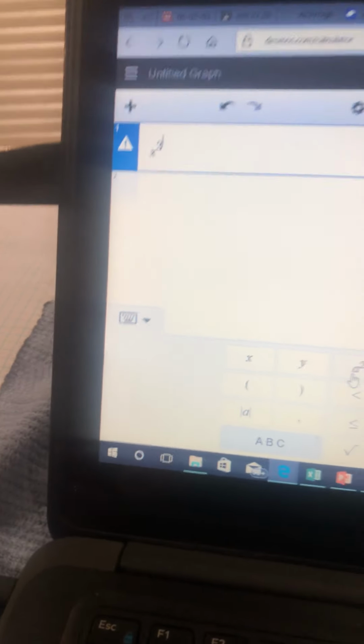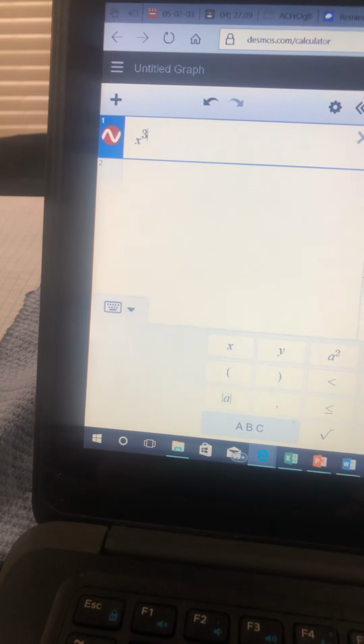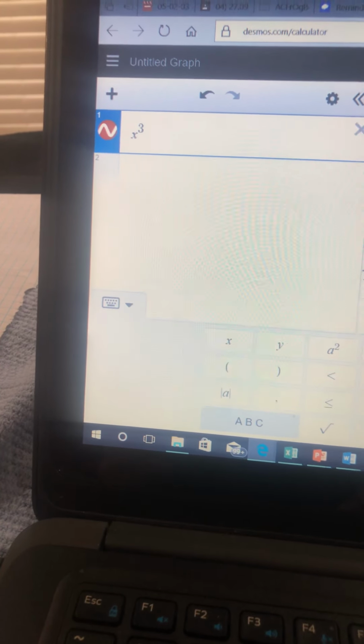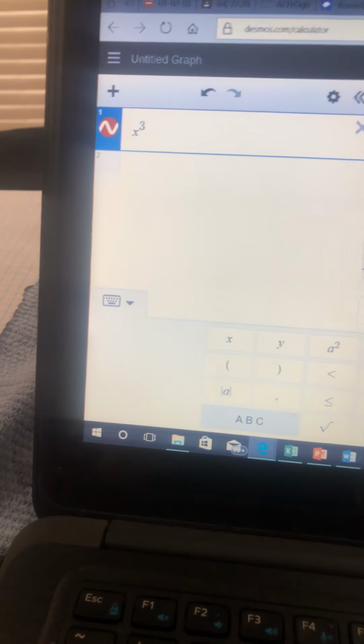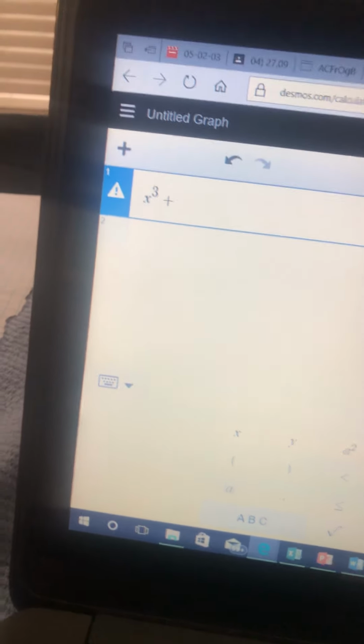This is not the friendliest thing to work with. There we go, just the down button. Okay, so now we're going to hit plus 8x, and then we're going to square that.